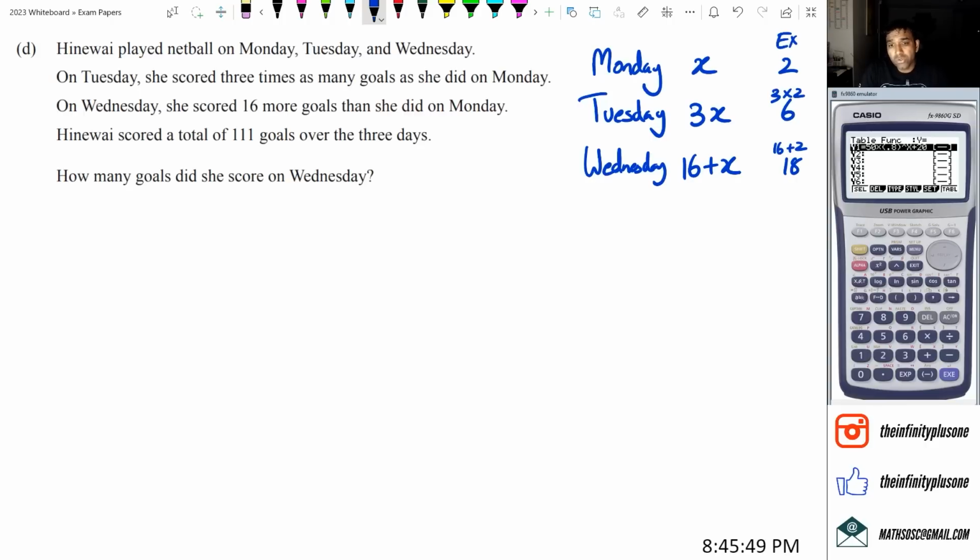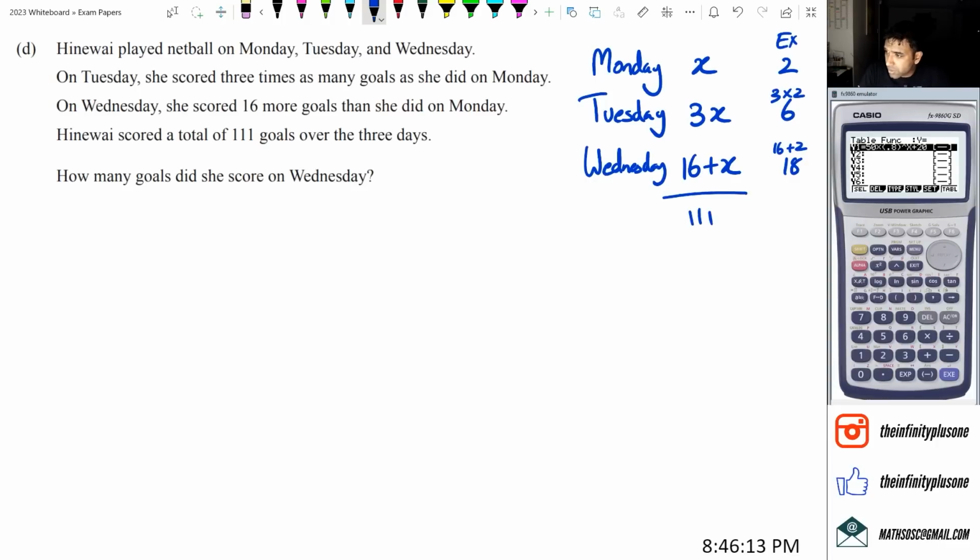Now, if at any point you have a problem with word questions, just take a random number and try and substitute that number just to see what kind of numbers you would get, like I did with this example on the side here. But now that I've got my equations, it said she scored a total of 111 goals over the 3 days. So all of these 3 things added up equals 111.